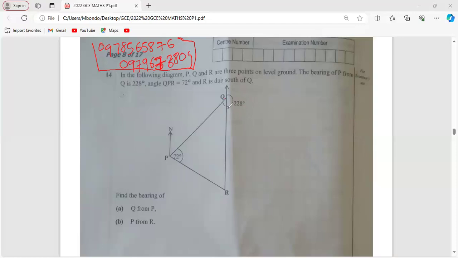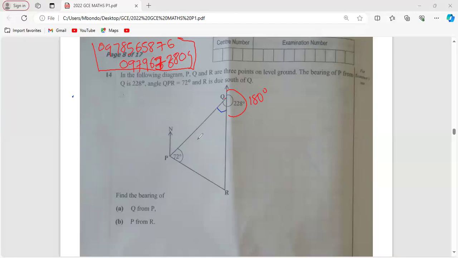At this point, you know that this is an angle on a straight line, which is 180 degrees.